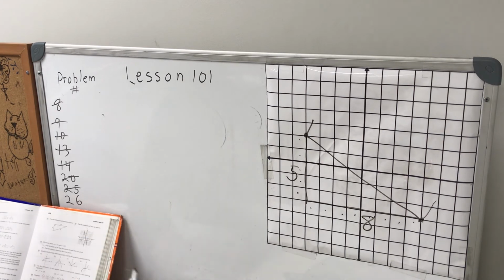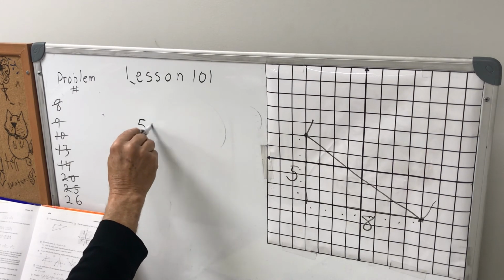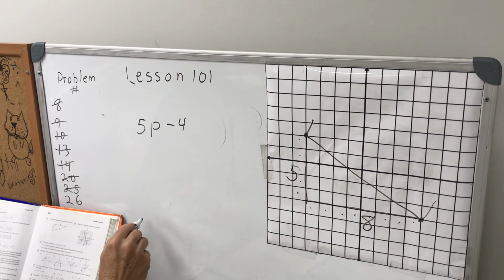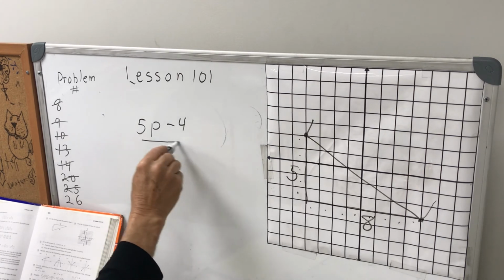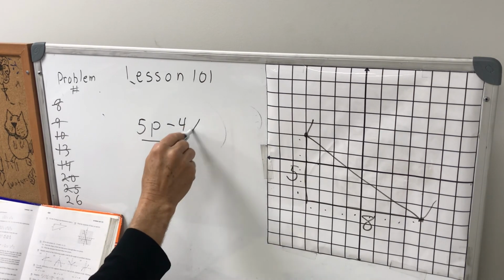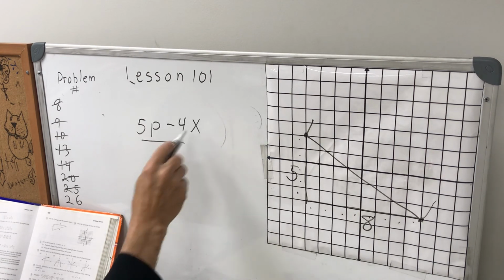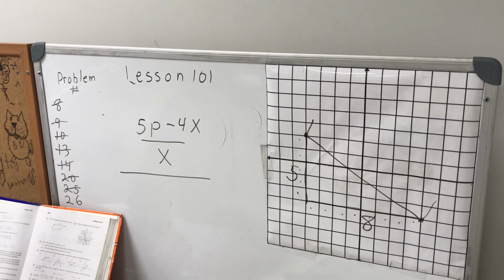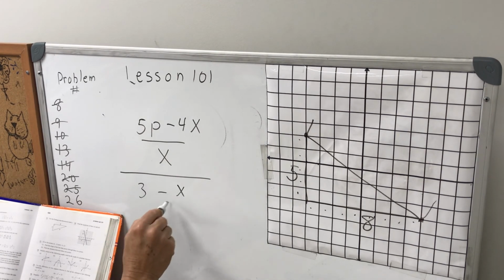That was 25. Now we're ready for number 26. This is one of those that we say completely solve the numerator before you start on the denominator. So in this case, we have a 5p negative 4 with a common denominator of x, and we add an x to this because it was standing alone. That is solving for the numerator. At the bottom we have 3 negative x.